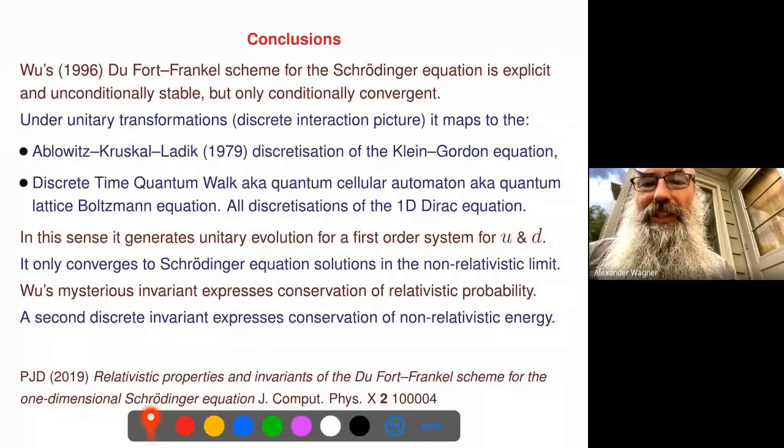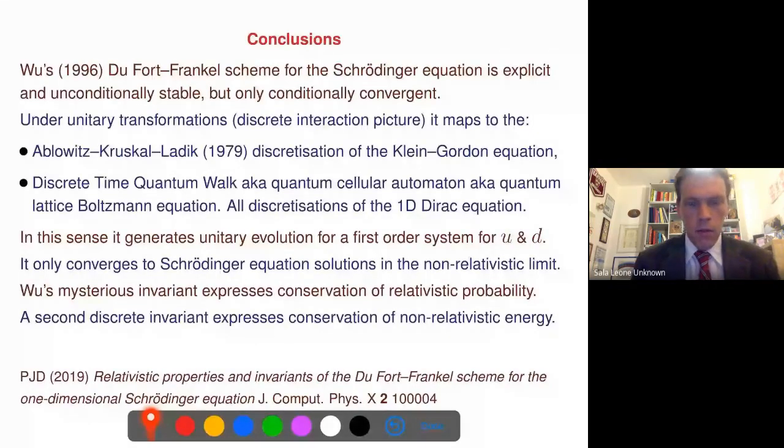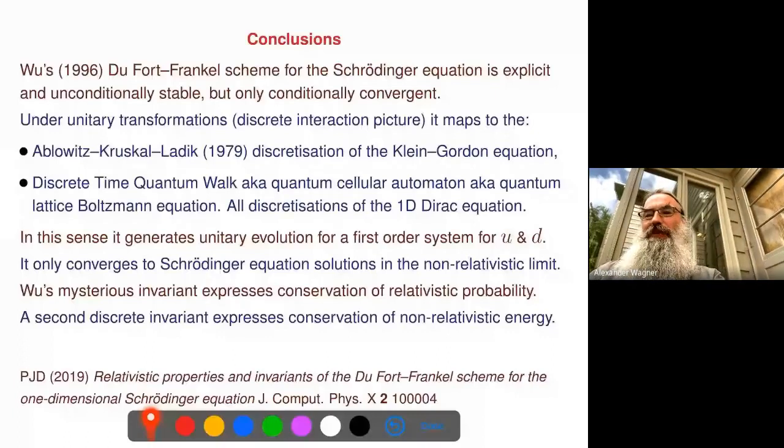Can I ask you a question? Please, Alex, of course. Hi, Paul. It's a very interesting presentation. If I understood this right, there is this fundamental connection between the Schrödinger equation and the relativistic versions in some limit, and almost by accident, some of these discretizations then recover these relativistic solutions.